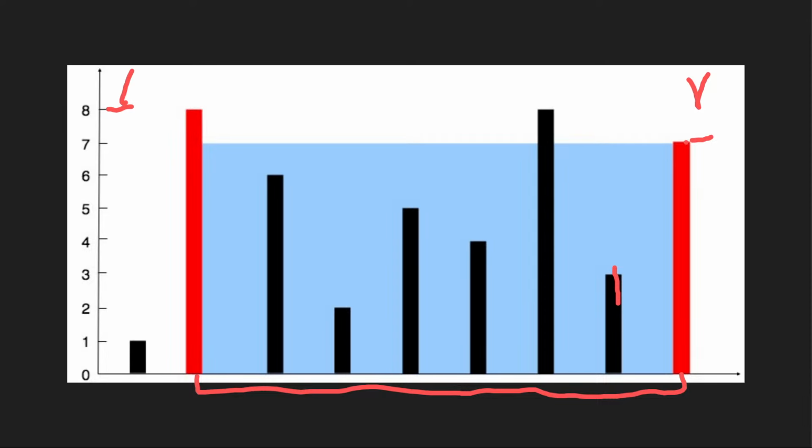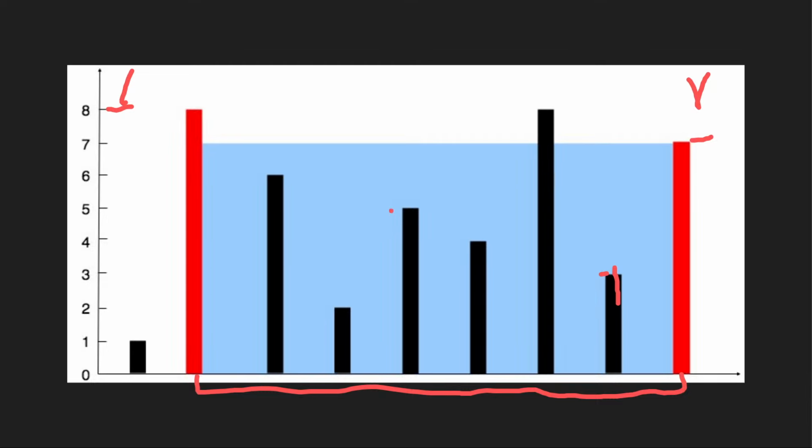Yeah. So for example, here we got a total area, and then normally, yeah, we must move the shorter bar. This bar is shorter. We're gonna move it to here, and then we're gonna calculate the area. Yeah, but we cannot move the higher bar.